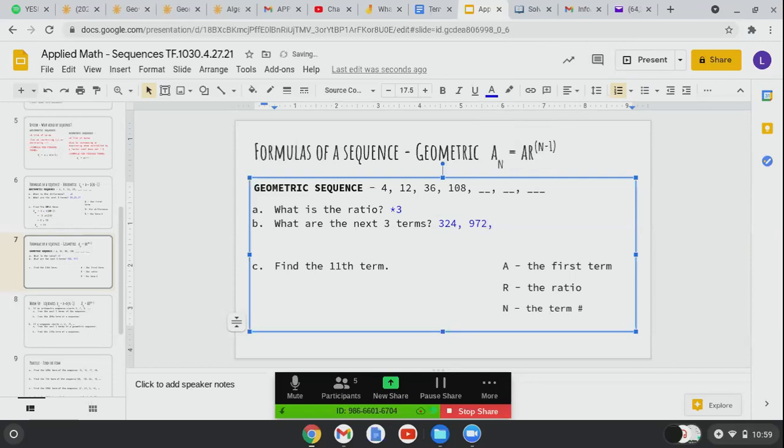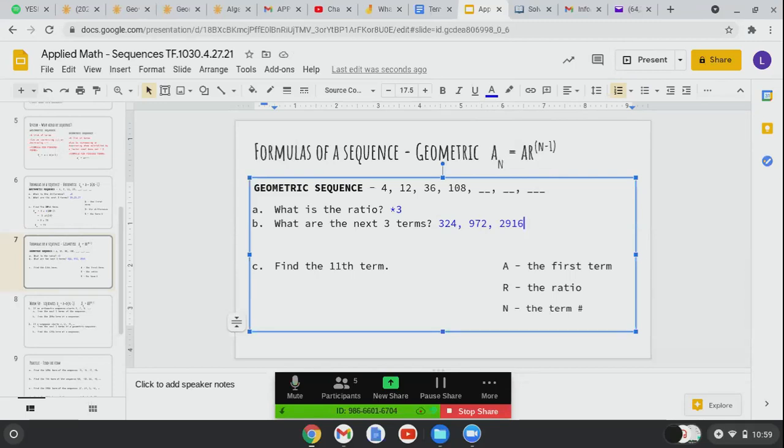And then you would have 2,916. All right. I just didn't put the comma there between the 2 and the 9 because I don't want to confuse anybody. So those will be the next terms. And again, you move through the sequence by multiplying by 3.